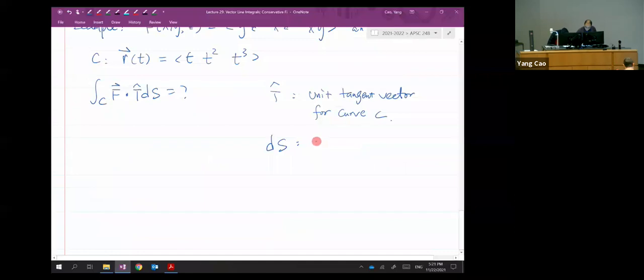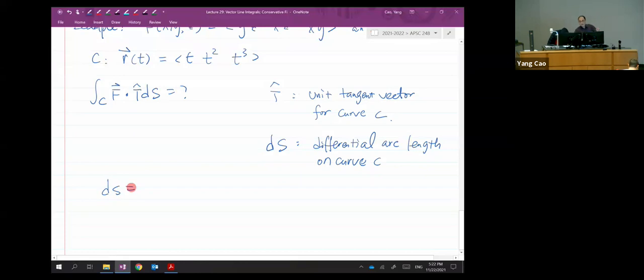So ds is the differential arc length on curve C. All right, so let's put together everything that we have learned previously into this formula. There's nothing we haven't learned yet. First of all, let's deal with the ds. ds is the differential arc length.